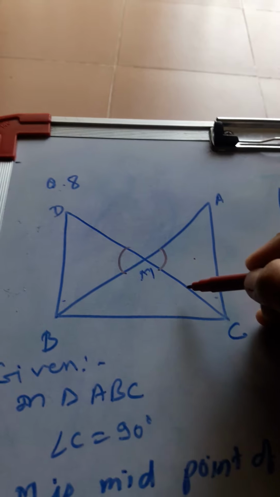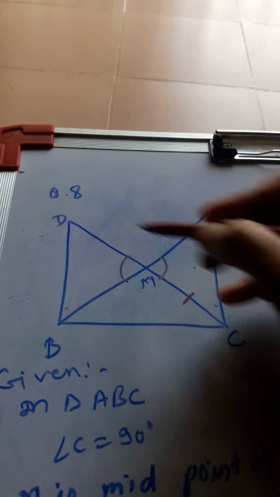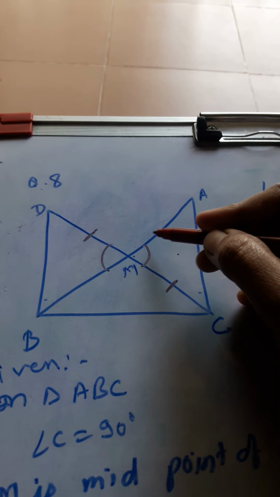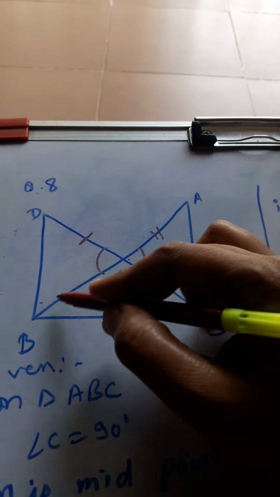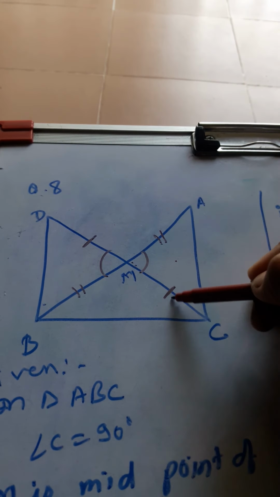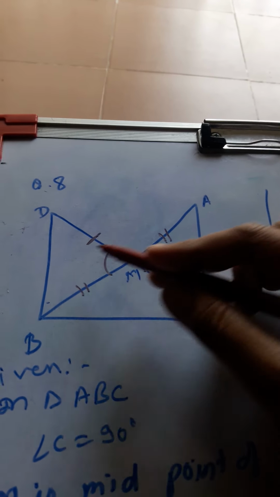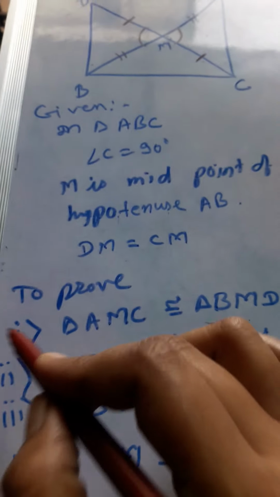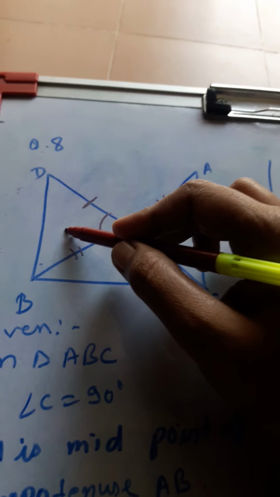And since M is the midpoint of AB, AM and BM are also equal. So by the SAS congruence criteria, these two triangles are congruent. So our first proof is done: AMC is congruent to BMD.